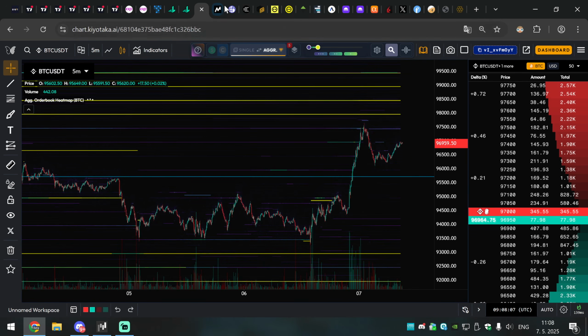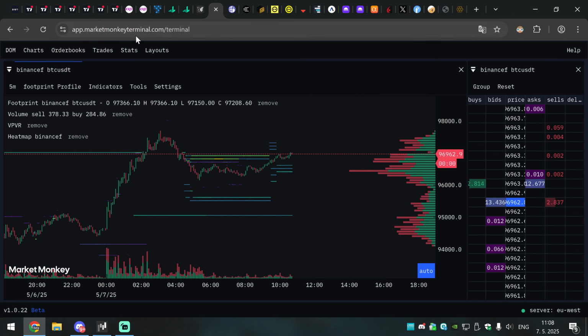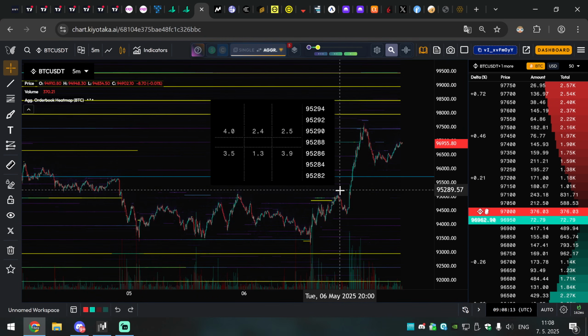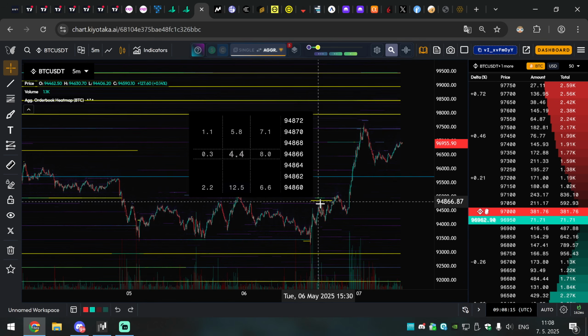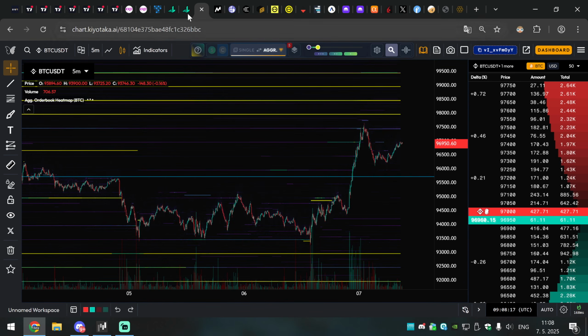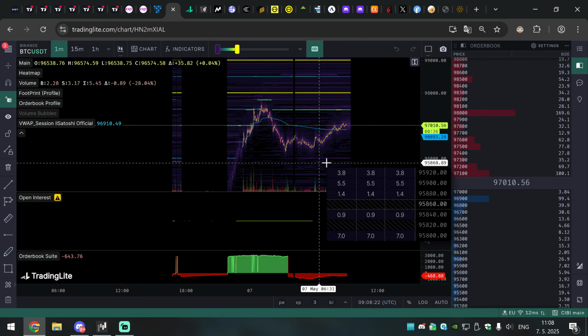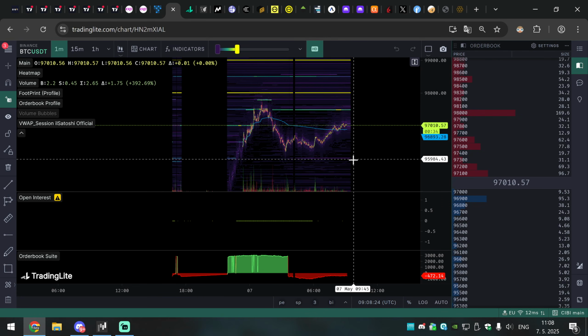This is a free tool, and also Market Money terminal. Both of those tools are very, very bad compared to Tradingdifferent. They are missing a lot of features. Once Tradingdifferent comes back, I will be making a tutorial comparing Tradingdifferent with those free tools, so you see what is the advantage and why for me Tradingdifferent is the best heat maps tool on the planet.